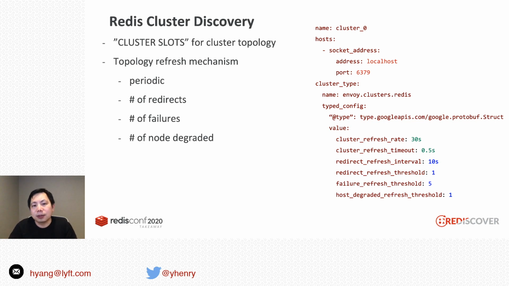The simplest one is periodic. So basically, we set Envoy to periodically send cluster slots and refresh the topology. This is useful and needed for things like picking up added replicas.